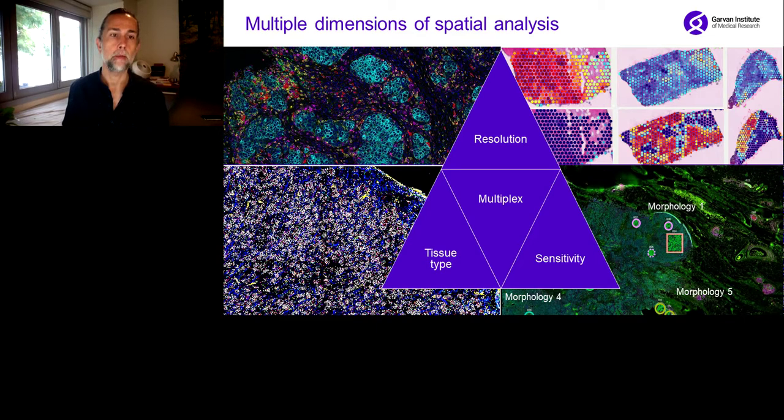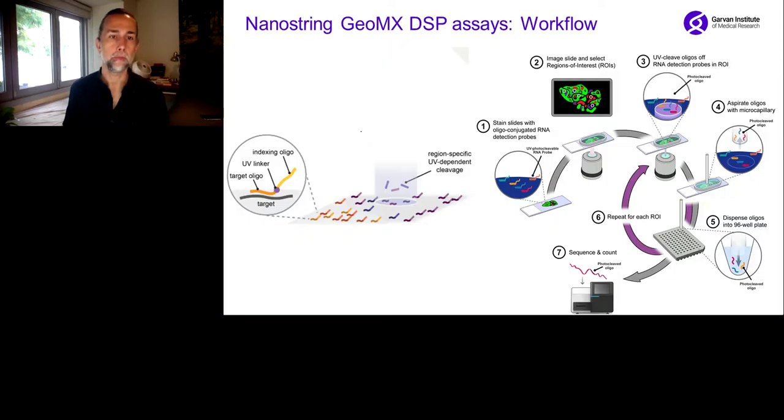So when you hybridize these probes to your tissue, they bind to the mRNAs within it. We can then use UV illumination to break the UV linker in areas of interest and then isolate those barcodes and measure them. So this shows you roughly the workflow here.